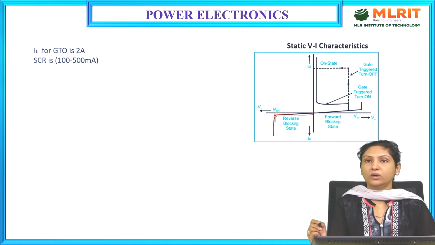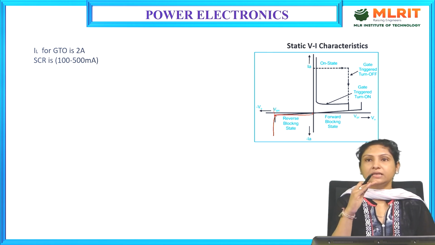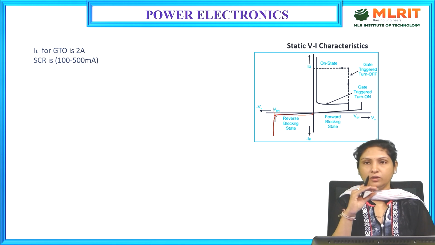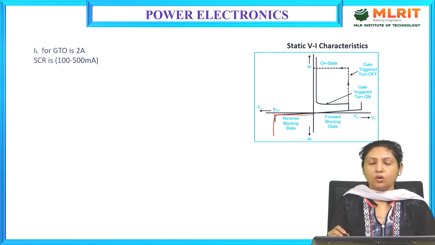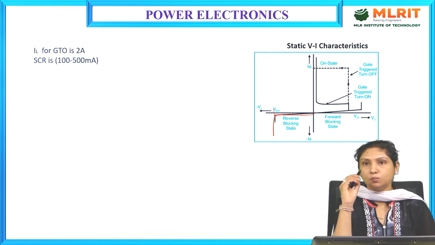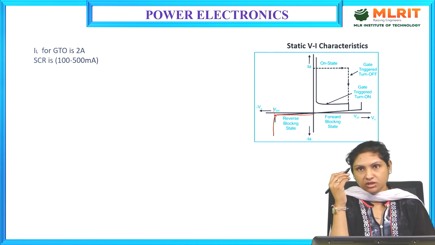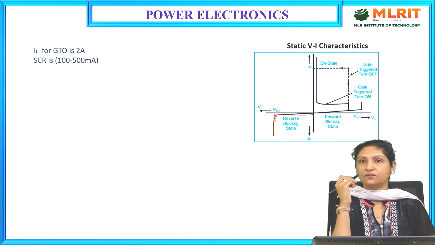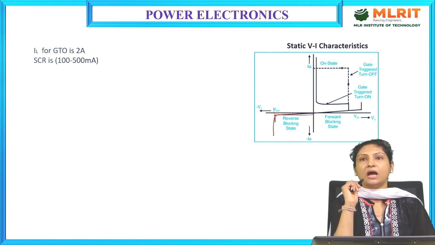And when we need to bring the GTO into the forward bias state, we need to make the anode positive with respect to the cathode. In that case, both the outer junctions will be forward biased and one junction will be reverse biased.